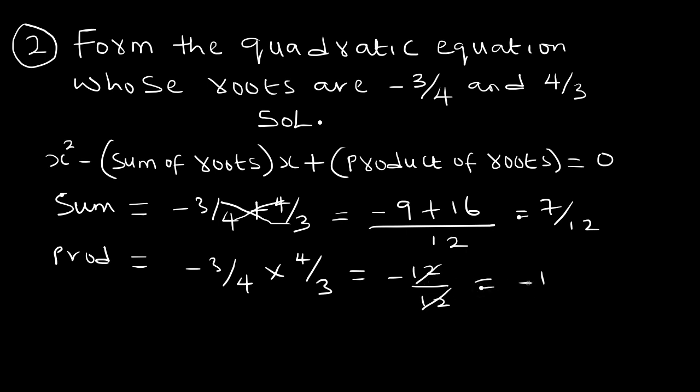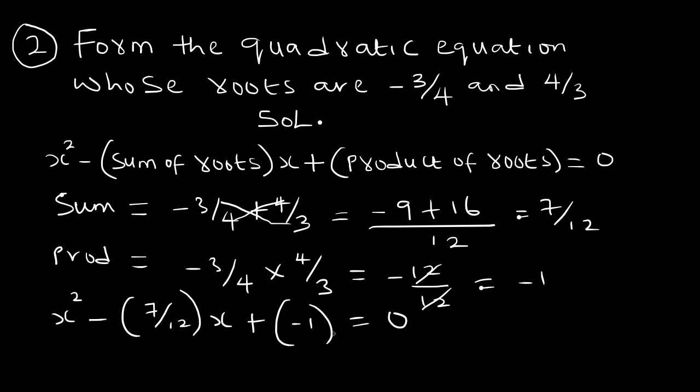So our sum is 7 over 12 and our product is minus 1. So the next thing is to substitute into the formula. So we have x squared minus sum of roots. Our sum of roots is 7 over 12 x plus the product of roots, which is minus 1. And everything is equal to 0.